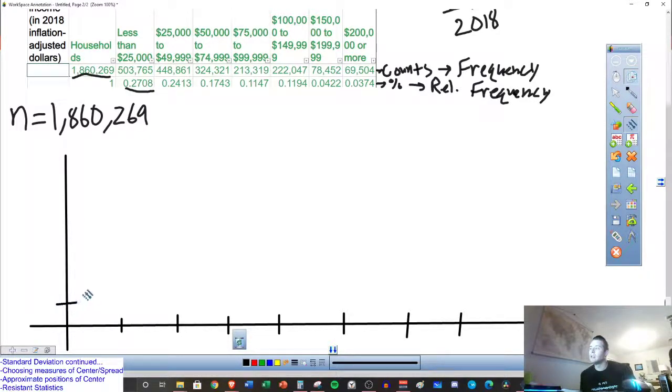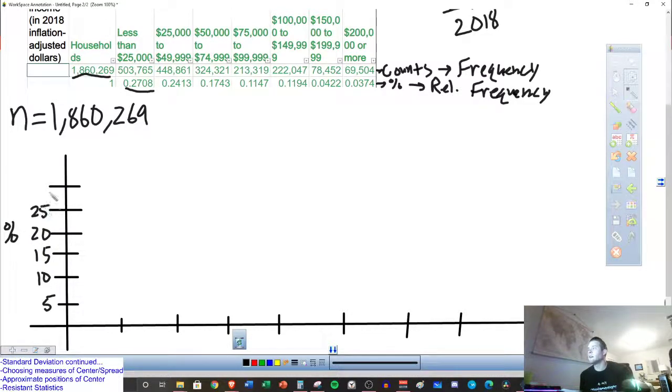We're going to start 5, 10, 15, 20, 25, 30, and those are mostly even. We're going to put percent over here, and we're going to go 5, 10, 15, 20, 25, and 30%. So let's go ahead and start graphing this.